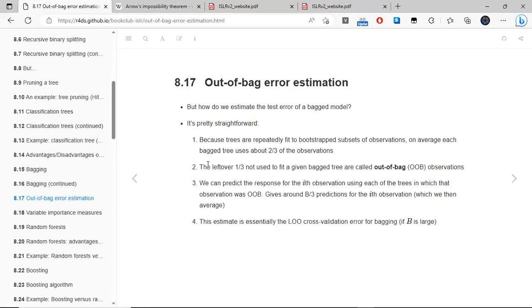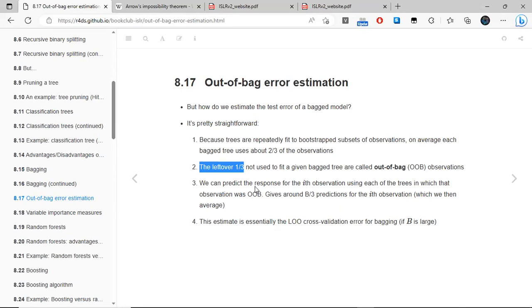So as we see over here, there is a leftover 1/3 of samples that is not using an observation in particular. And you can then use those leftover samples and their respective decision trees in order to estimate the testing error, because it's almost like a type of leave-one-out cross-validation that is occurring.